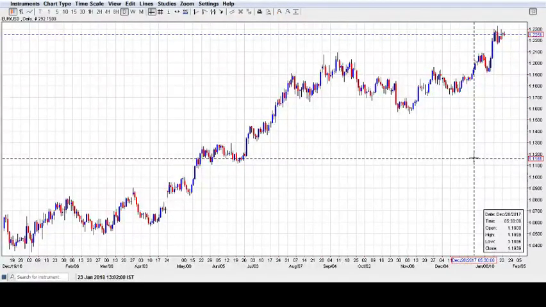Quite a few trades have been taken, including the Euro USD, the dollar index, gold, silver, Dow Jones, dollar CHF, Australian dollar, and Bitcoin. We've taken profits in Bitcoin as well.